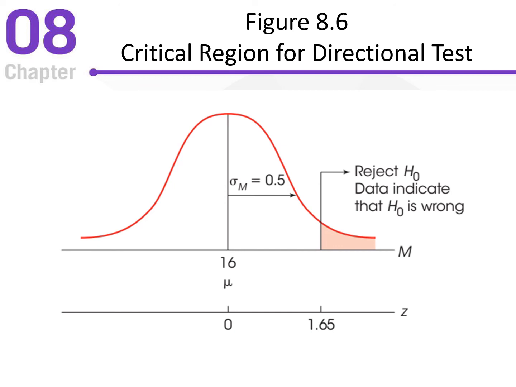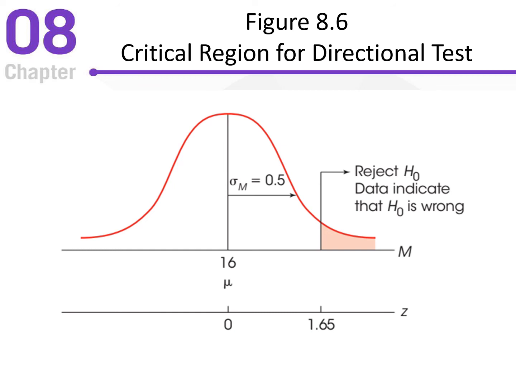Here's your directional test for 0.05. Remember the previous slide that showed a non-directional test for 0.05? You saw that the critical value for z was 1.96 and negative 1.96. That was non-directional, two-tailed. Look what happens when we do one-tailed, a directional test.